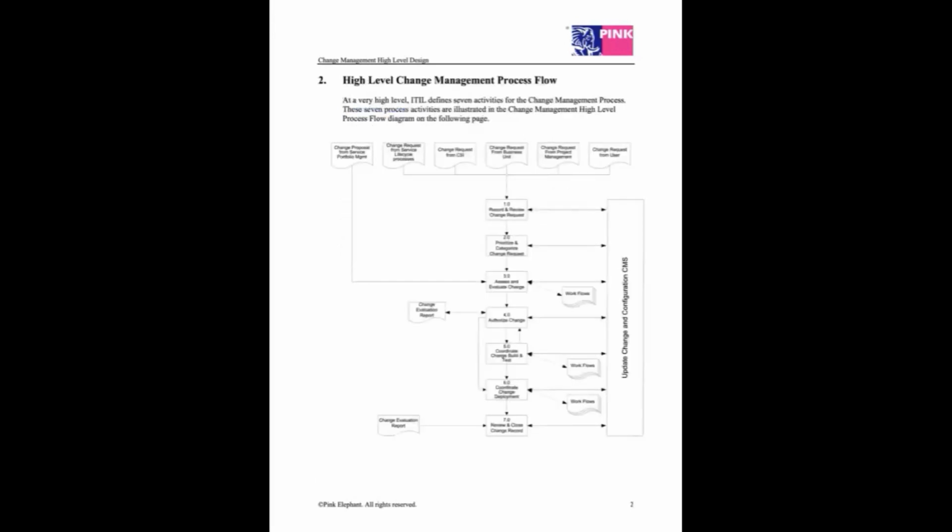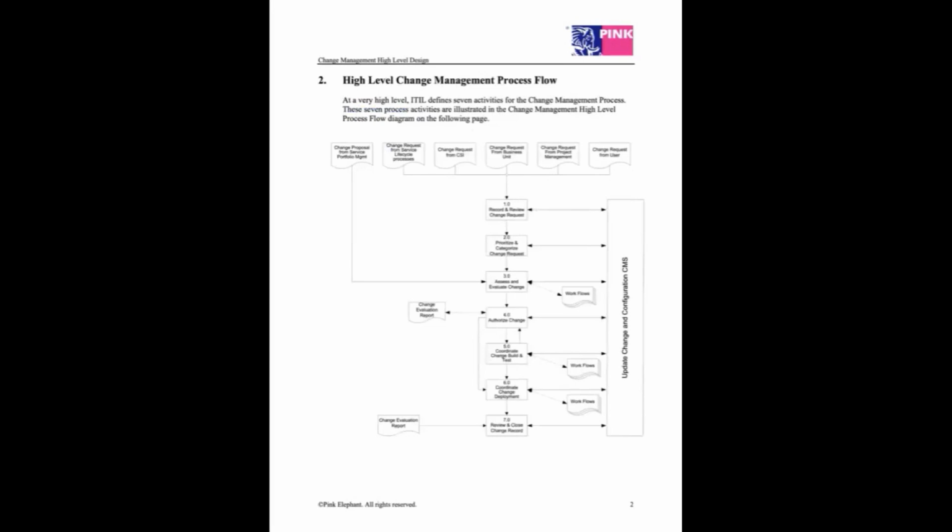So this is, by default, the key high-level activities for change management, again, as it's defined by ITIL. So we've taken the descriptions and all of the content from the publications, and we've applied how we would structure that from a process perspective.